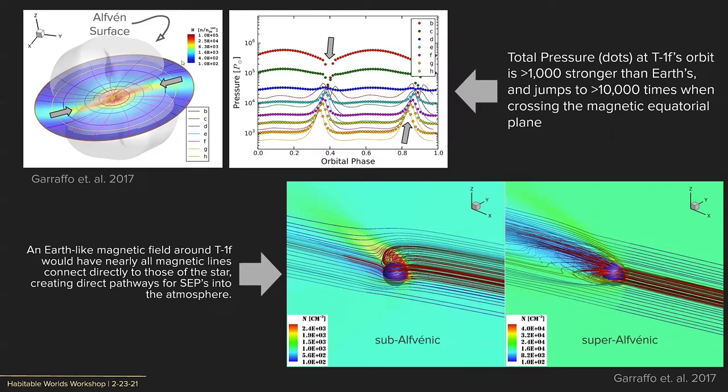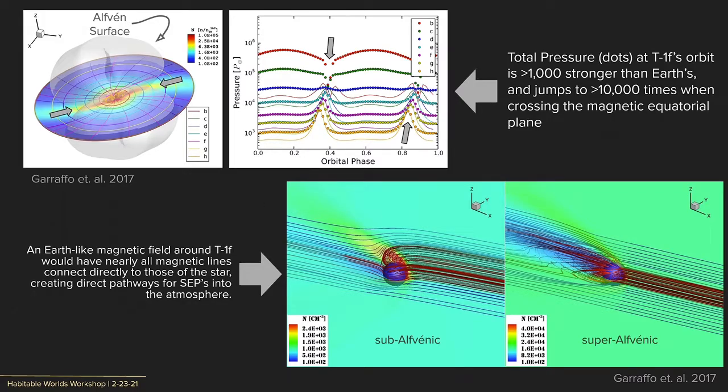But as far as the planetary environment goes, what we're looking at here is that the total pressure, which includes pressure from things like the stellar winds as well as the magnetic field, is extremely variable around stars like TRAPPIST-1. These planets are so close in to their star, and TRAPPIST-1 is still very magnetically active, so these magnetic environments are very volatile.